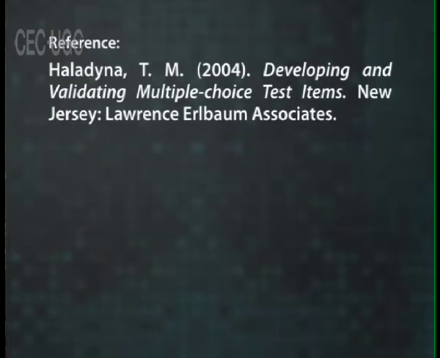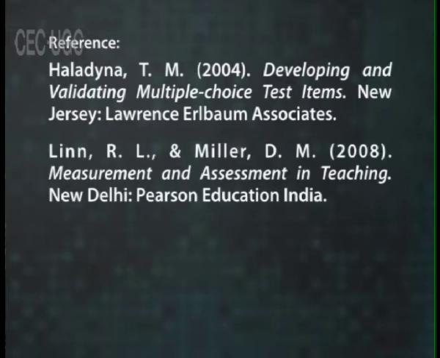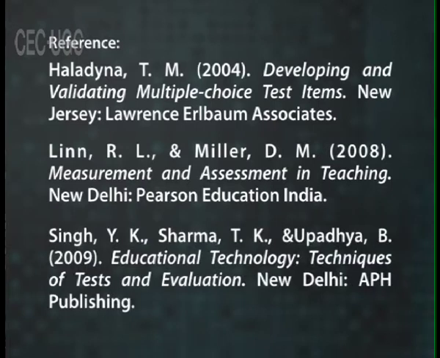Developing and Validating Multiple Choice Test Items, written by Haladyna T.M. in 2004, published by Lawrence Erlbaum Associates, New Jersey. Measurement and Assessment in Teaching, written by Linn R.L. and Miller D.M. in 2008, published by Pearson Education India, New Delhi. Educational Technology, Techniques of Test and Evaluation, written by Singh Y.K., Sharma T.K. and Upadhyaya B. in 2009 and published by APH Publishing, New Delhi.